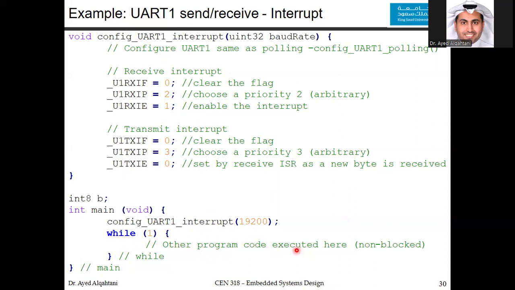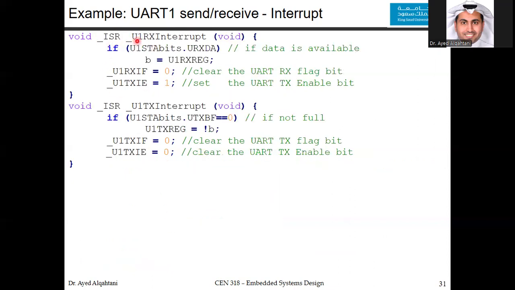Only when you receive or transmit, it will be interrupted. Now, in the interrupt service routines themselves, we have 2 interrupt service routines, one for the receive, one for the transmit.